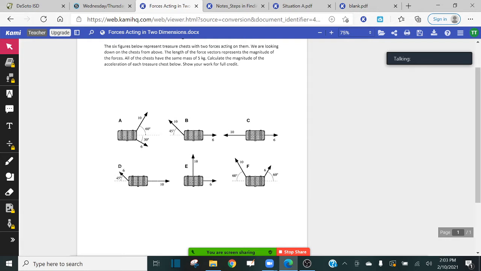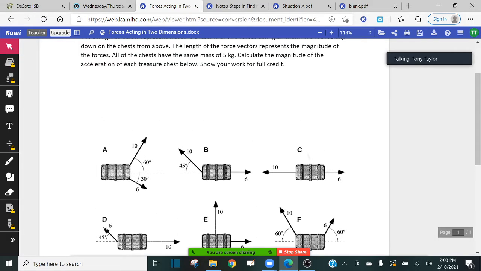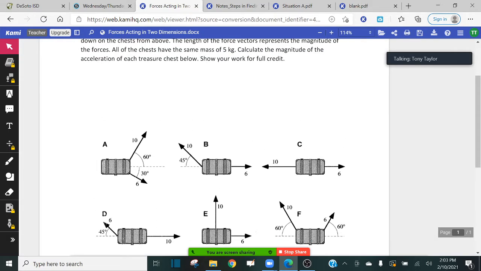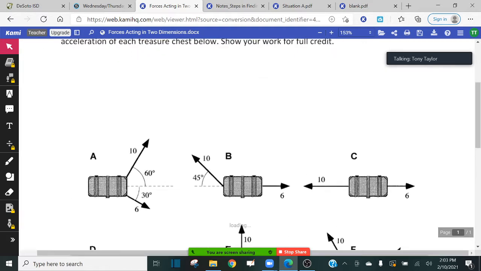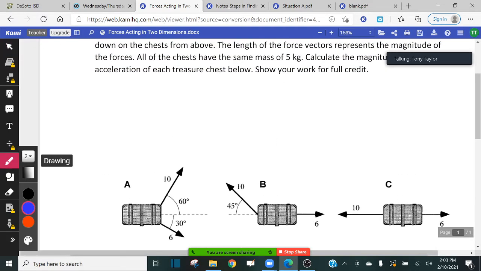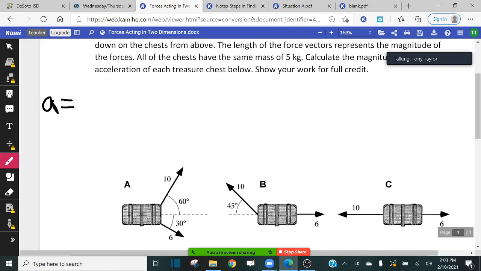Okay. So guys, we want to figure out what is the magnitude of the acceleration of each treasure chest. That's the goal here. And so obviously the main equation that we're going to use is Newton's second law, that says that the sum of all of my forces divided by my object's mass is equivalent to my acceleration.